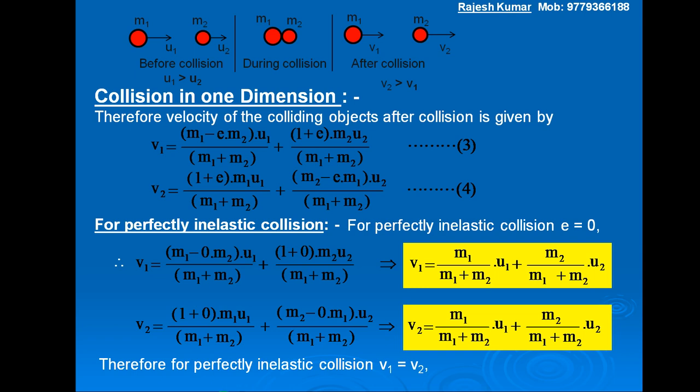That is, after collision the objects combine with each other. So these are the velocities of the colliding objects after collision for different types of collision.